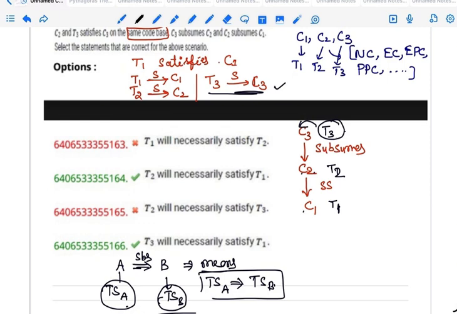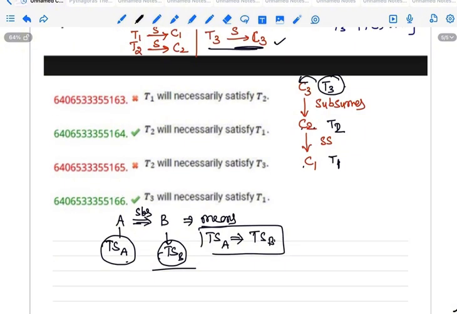The test requirements for C2 and C1 are T2 and T1. In the same way, if A subsumes B, the test requirement for A also guarantees or satisfies the test requirement for B.